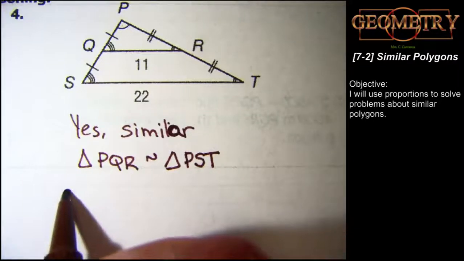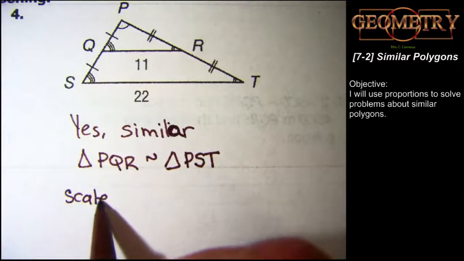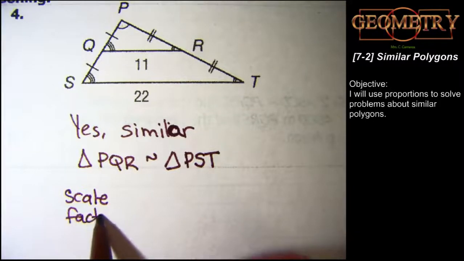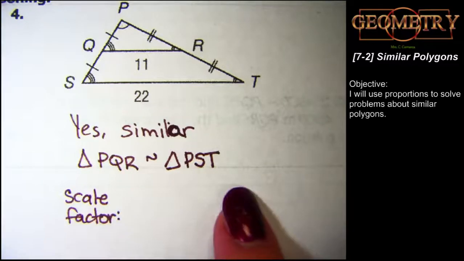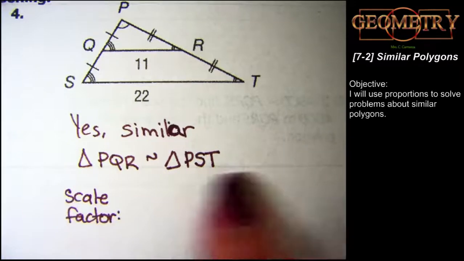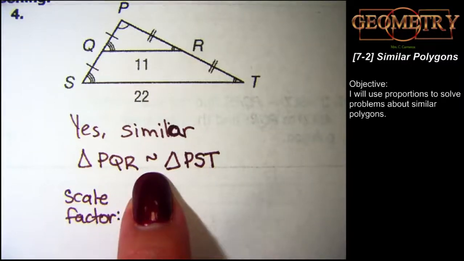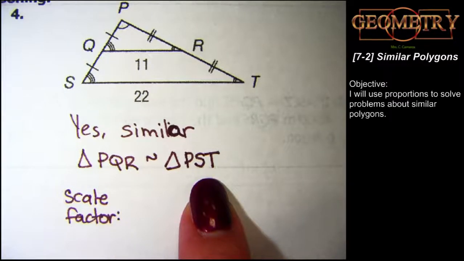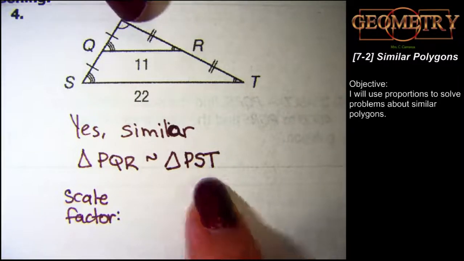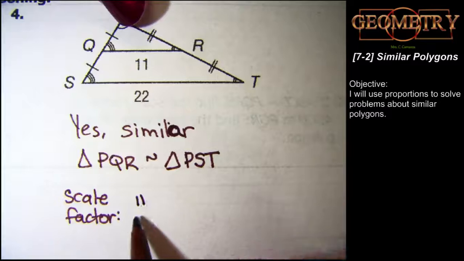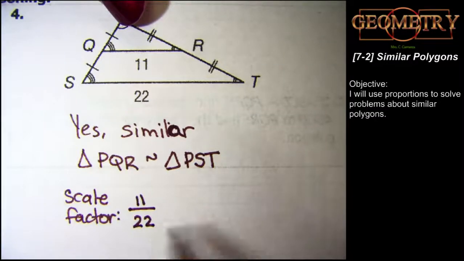Now I need the scale factor. I'm going to put the scale factor in the same order as my similarity statement. Because my similarity statement says PQR to PST, then my scale factor is going to be the side from the triangle PQR to the side from the triangle PST.